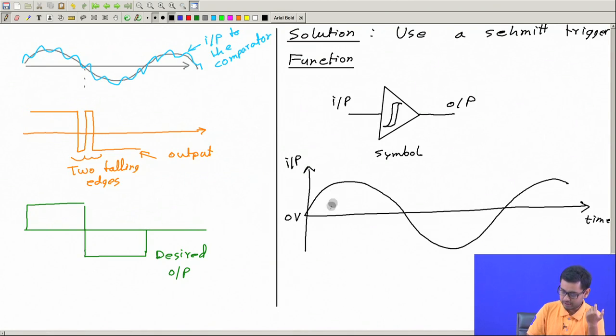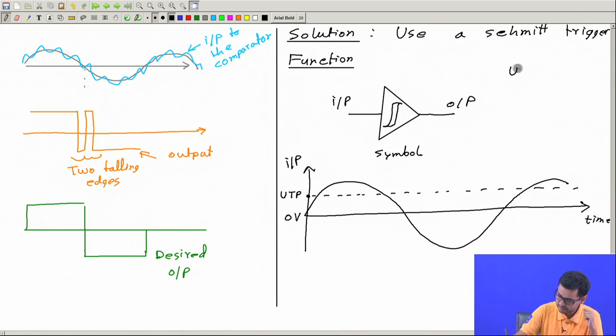A Schmitt trigger has two voltage levels defined as the upper trigger point and lower trigger point. So some voltage level, maybe 1 volt, 2 volt, acts as the upper trigger point. Maybe this is equal to 1 volt, and is called UTP, upper trigger point.